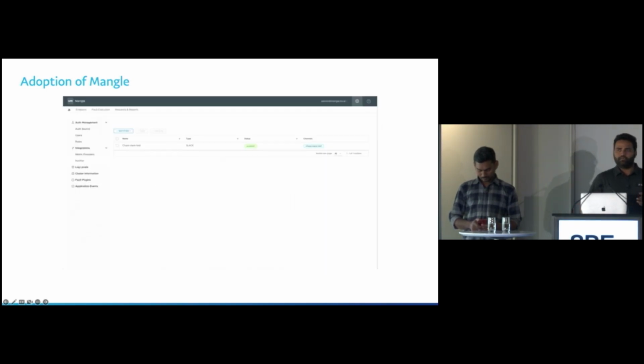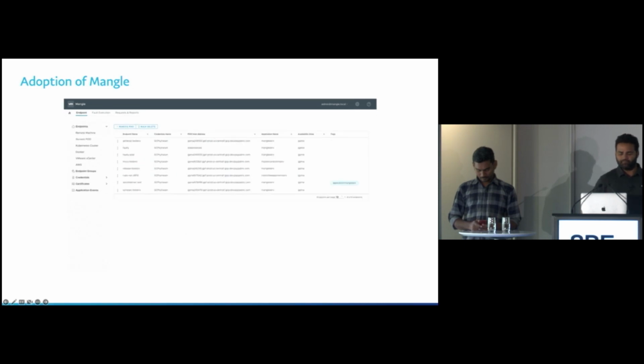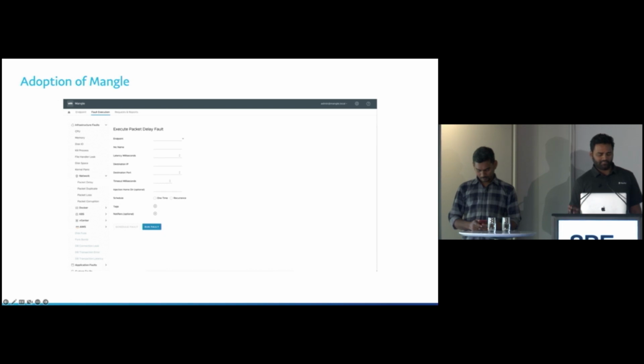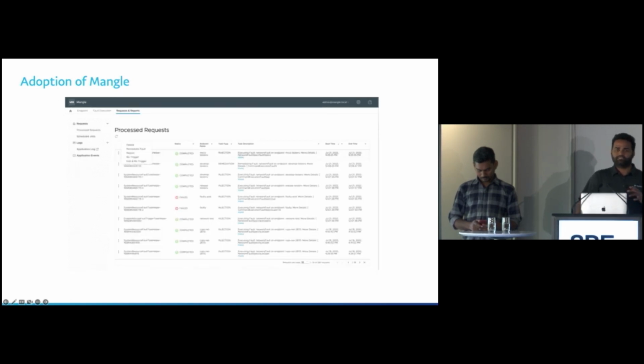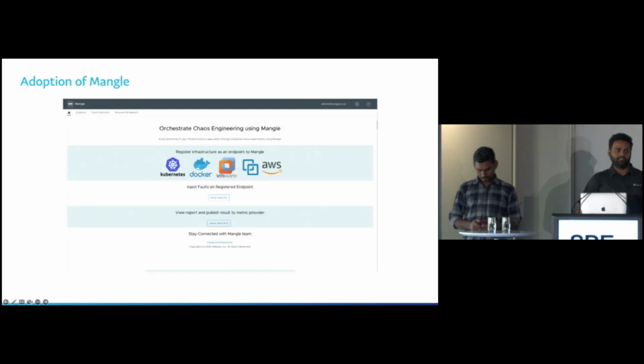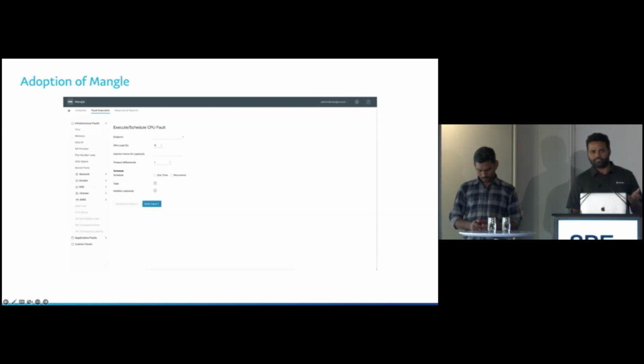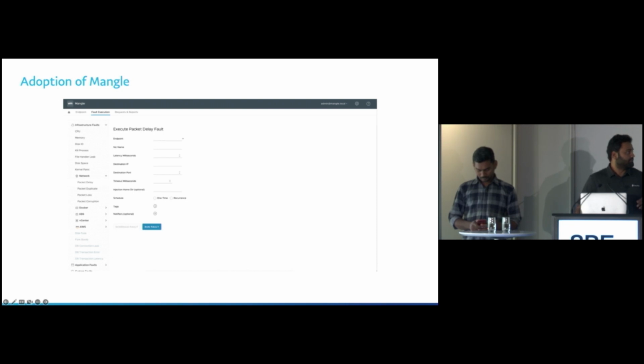Because, at least in our firm, we observed that some of the teams want some specific use cases to be conducted as a fault, so they bring their own script, and we facilitate executing that custom fault on this environment.